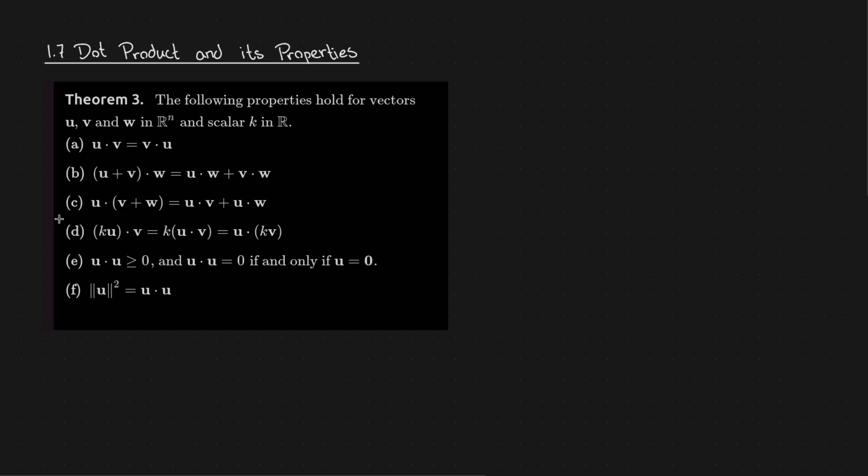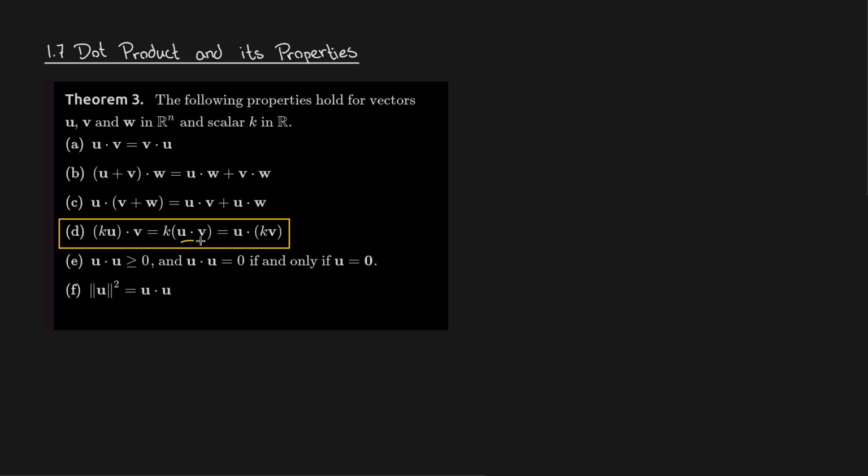This one's a little different because we got a couple of products going on with vectors. With numbers, there's only one multiplication, the multiplication that we're familiar with. But with vectors, we have scalar vector multiplication, and now we have the dot product between vectors. So it turns out that they work together pretty well.